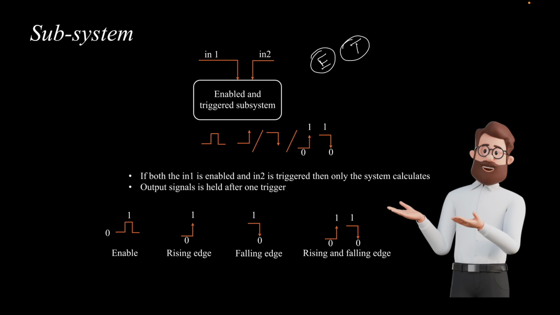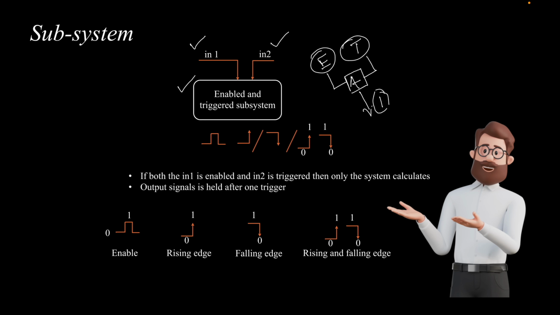In this case, suppose you consider the enable signal is this one, and the trigger signal is this one. So whatever the enable and the trigger that you have, both will be ANDed. If the outcome is 1, then only you will be getting the response or the calculation from the subsystem.